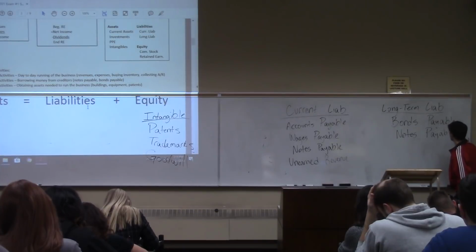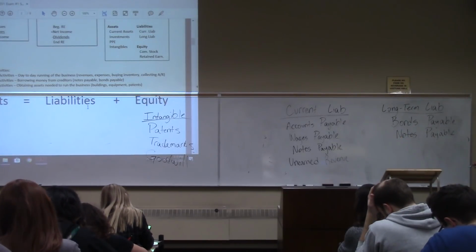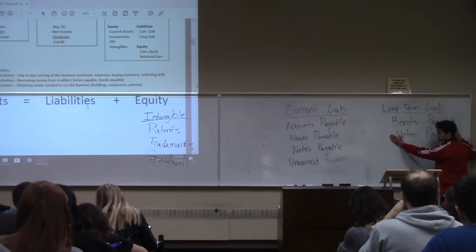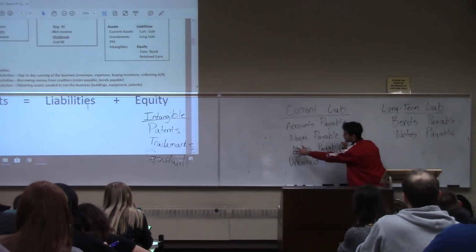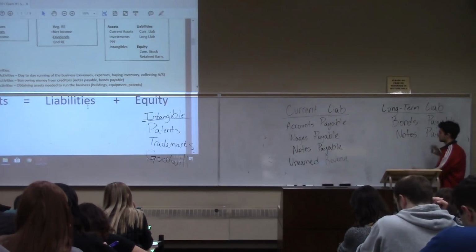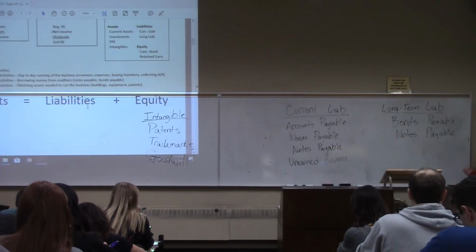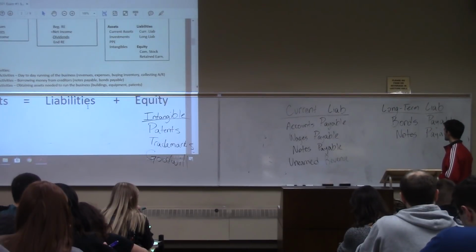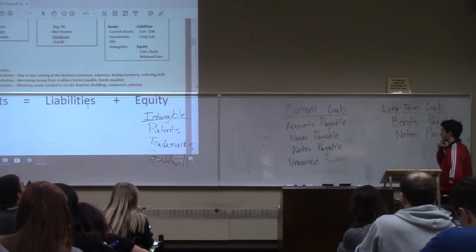Now you may notice that notes payable is long-term and short-term, and that's correct. Part of the notes can be due in more than a year, and part of the note can be due this year. So a lot of these liabilities can be split up into long-term and short-term, depending on when they're due. I believe that's it for long-term that we know of.